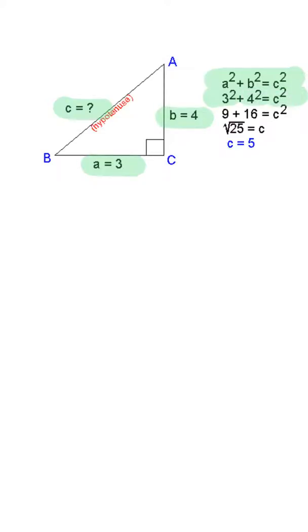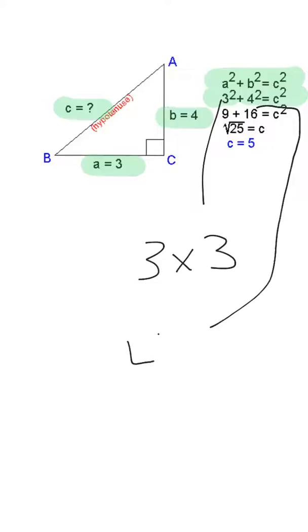Remember, 3 squared is not 3 times 2, it is 3 times 3, which is 9. And 4 squared is 4 times 4, which is 16. So now I have 9 plus 16 equals c squared.